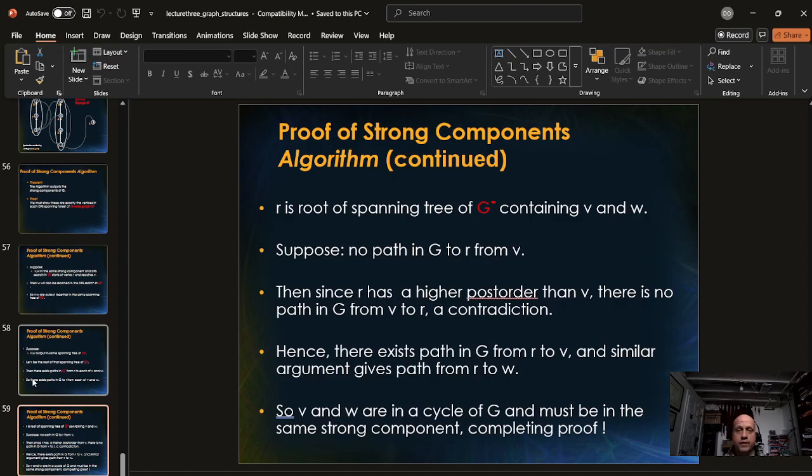So if we suppose there's no path in G from r to v, then since r has a higher post order than v, there's no path in G from v to r either, and this would be a contradiction, right? Therefore, there exists a path in G from r to v, and a similar argument gives a path from r to w. So r, v and w are in a cycle of G and must be in the same strong component. So that would complete the proof.